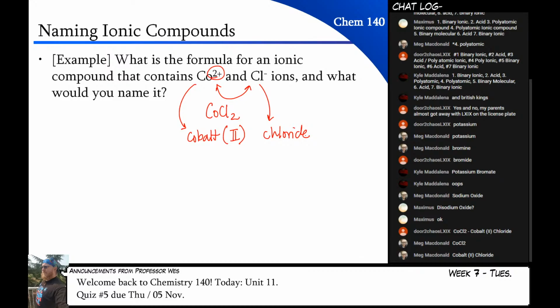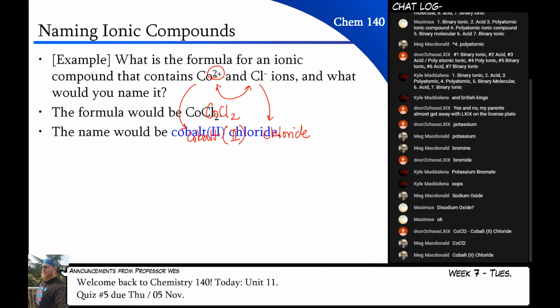And the Cl minus becomes chloride. And my text just appeared all over, but that's okay. Boop, there we go.